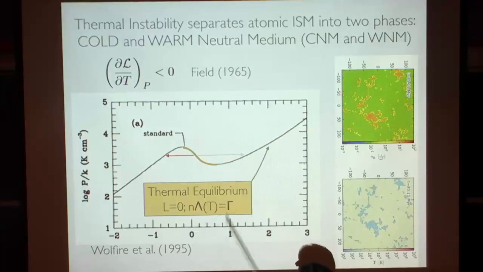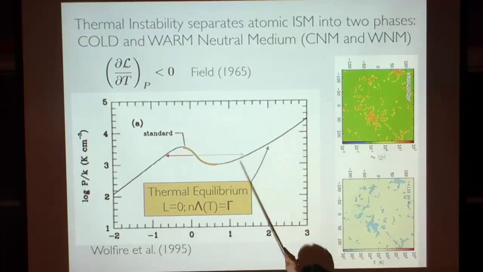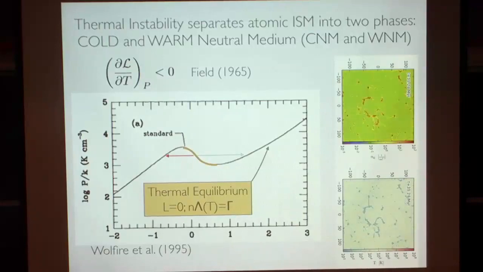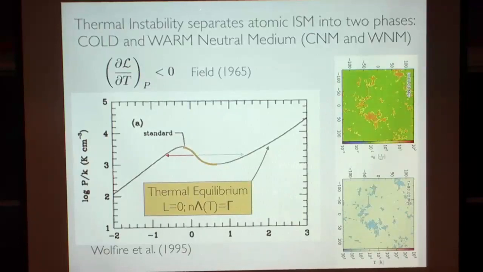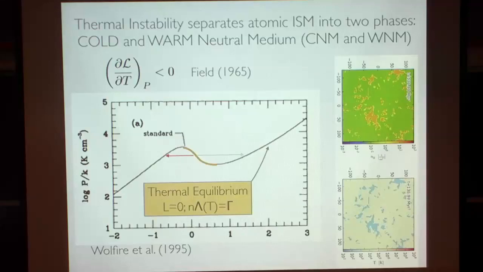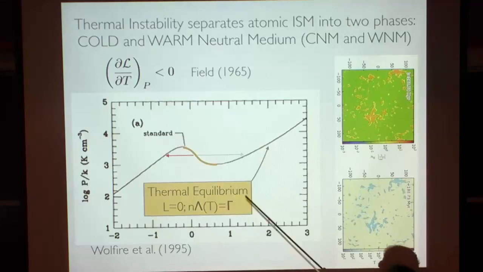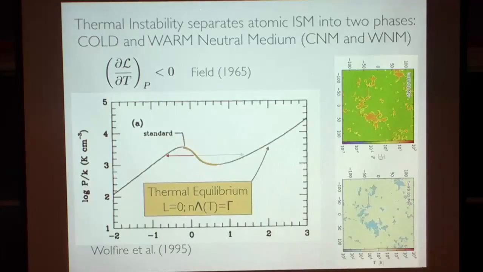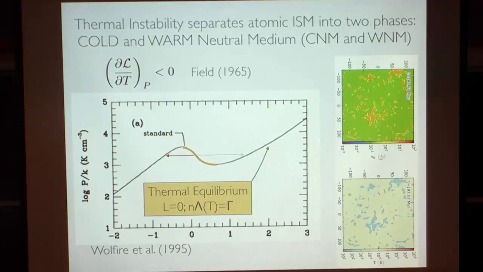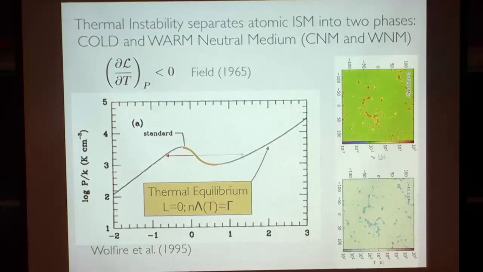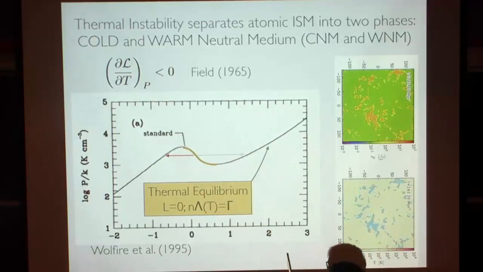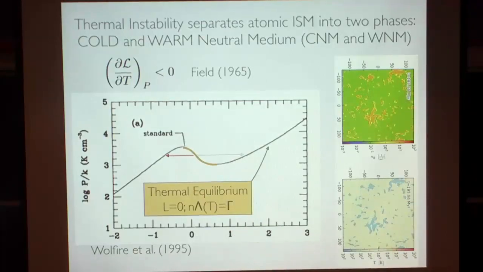So this equilibrium curve can range in temperature from about 10 Kelvin to 10,000 Kelvin, but this range of temperature is not really allowed due to the thermal instability. So we expect there is only warm or cold medium in the interstellar medium.